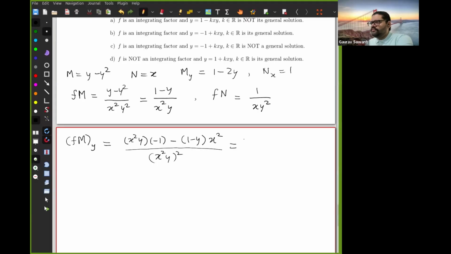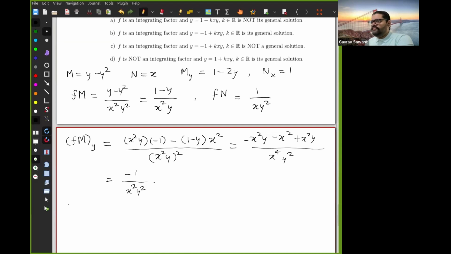So what is this equal to? Minus x square y minus x square plus x square y divided by x4 y square, and then the x square y terms cancel, and I will be left with minus 1 over x square y square.